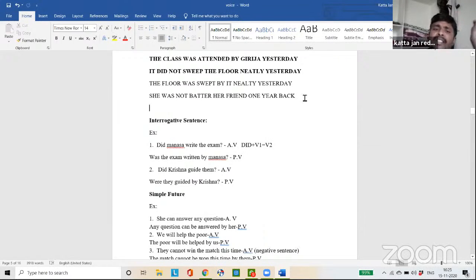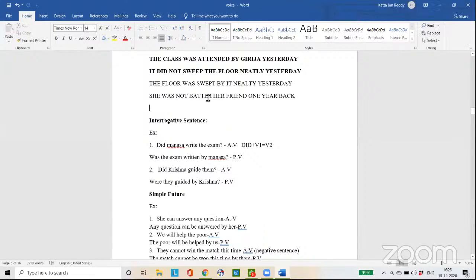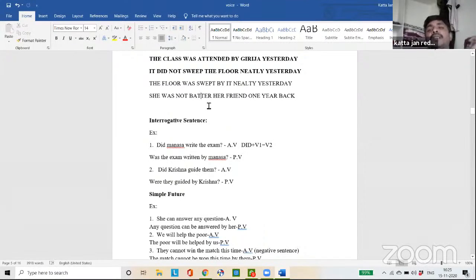So why should we think this is in passive voice? Let me tell you. She was not better her friend 1 year back. This is a sentence. Why should we think it is in passive voice? Because the verb form given here is V1.